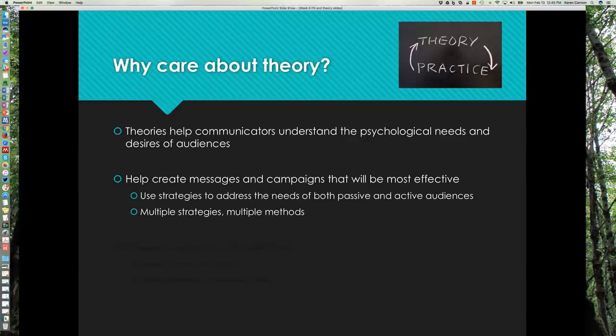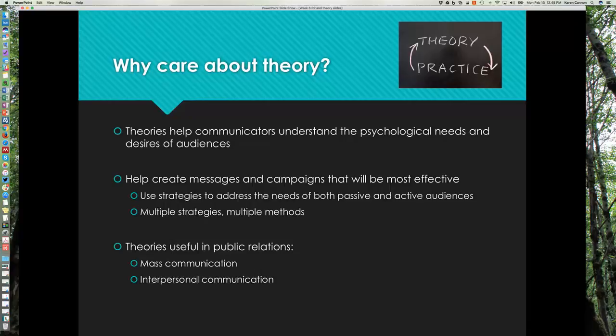That's one of the main reasons we talk about theory. They can also help us ensure that our work builds towards the positive reputation of our company or organization.